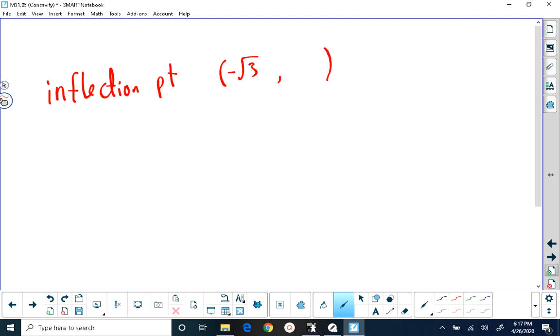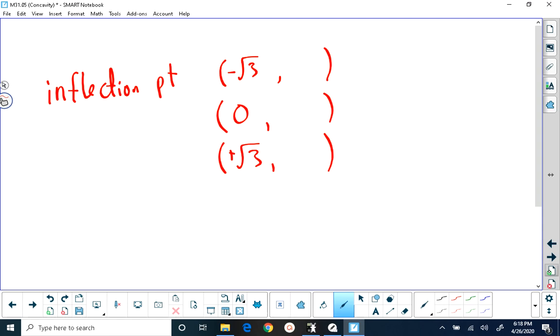We will have an inflection point at 0, comma something, and at positive root 3, comma something. I don't care about the y coordinates. This is all about locations in terms of x. If you wanted to know the y coordinates, feel free to find them. And you may have to do that as part of your assignment.